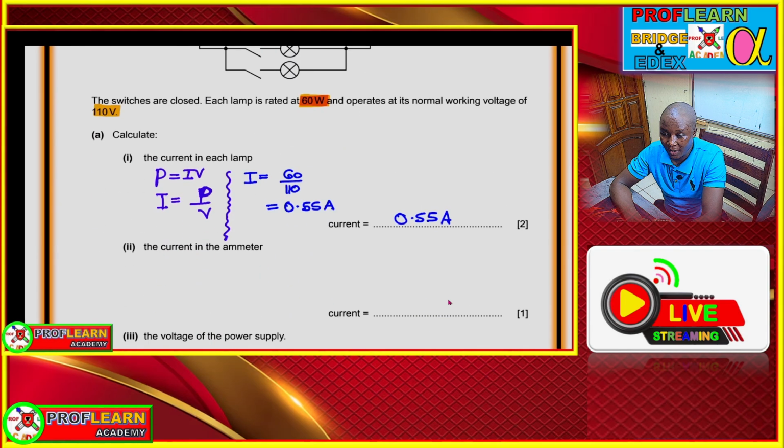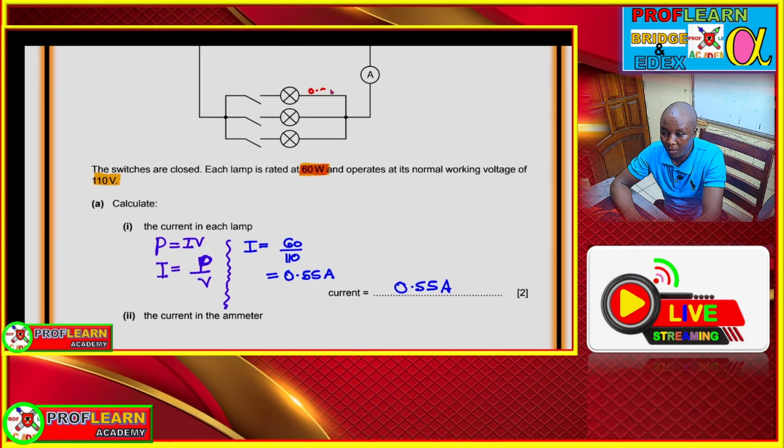And the current in the ammeter, you need to remember this is 0.55, this is 0.55, and this is 0.55. So if you want to get the total current that is getting out, it will be 0.55 plus 0.55 plus 0.55, or you can take 0.55 times 3, since we have 3 branches there.